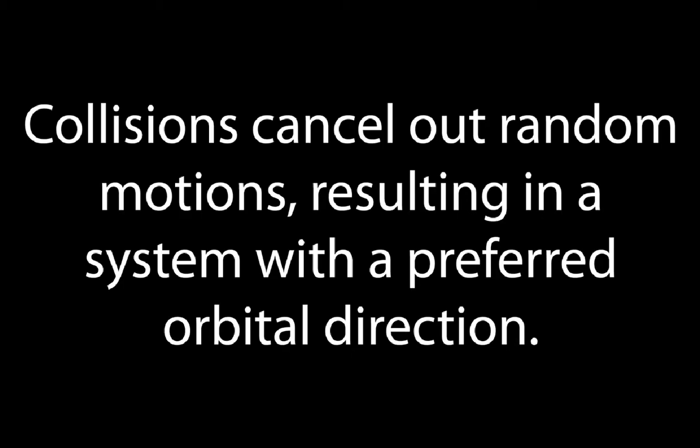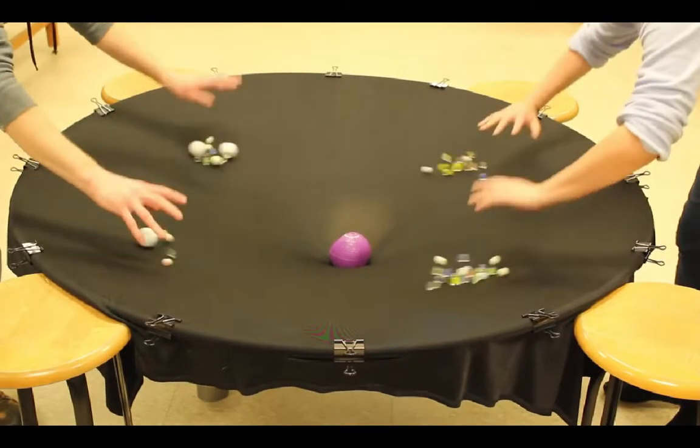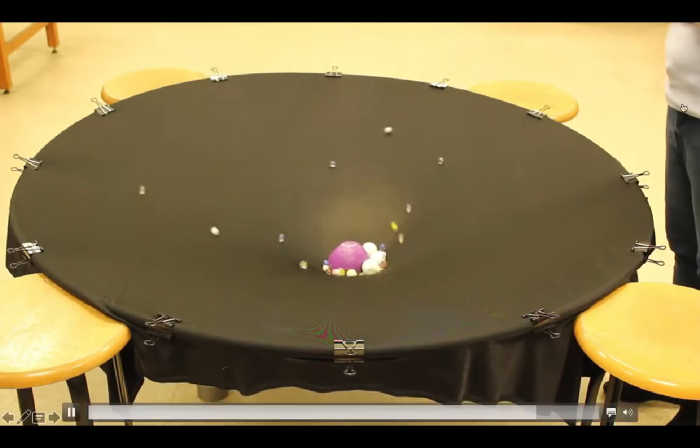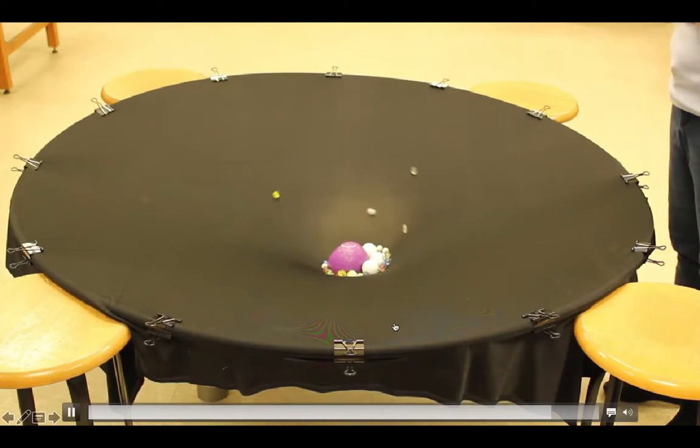So if there's a large mass in the center and then lots and lots of masses like asteroids moving around, then they will create order. Look what happened. They all came from different directions, but now they're all spinning in the same direction. These guys didn't try to favor that. They just pushed them together. Let's look at that again.